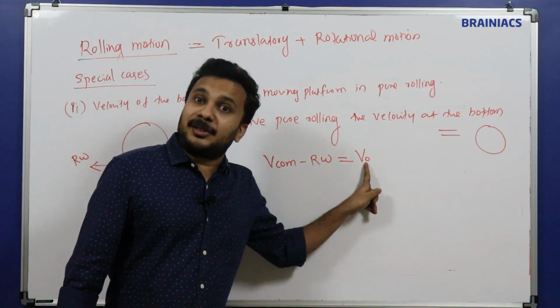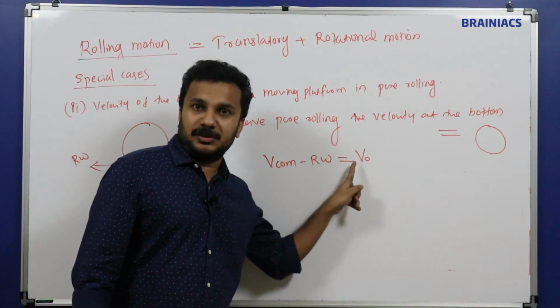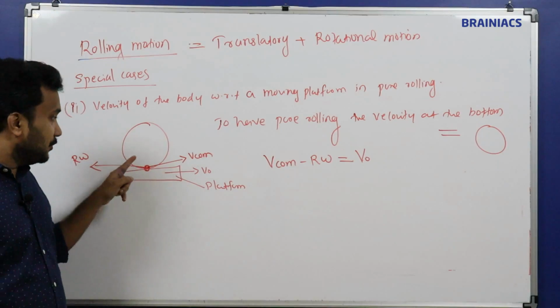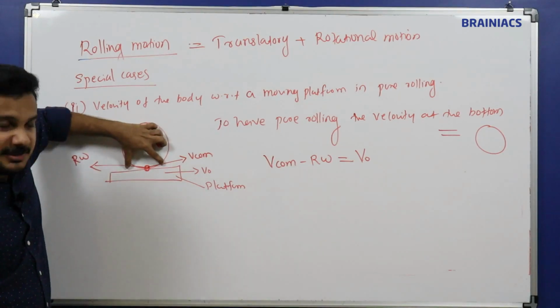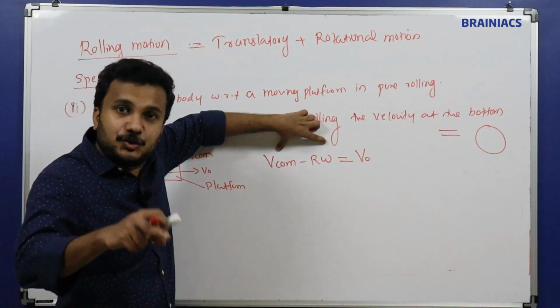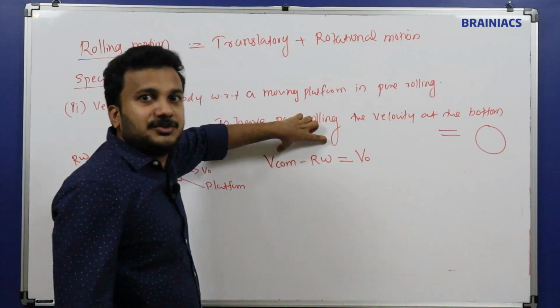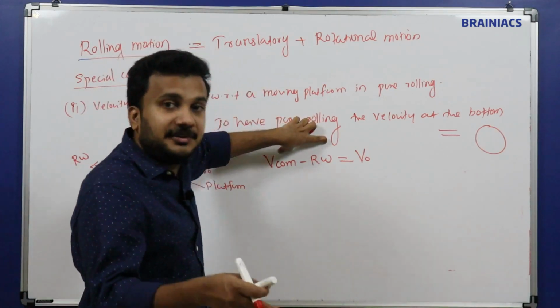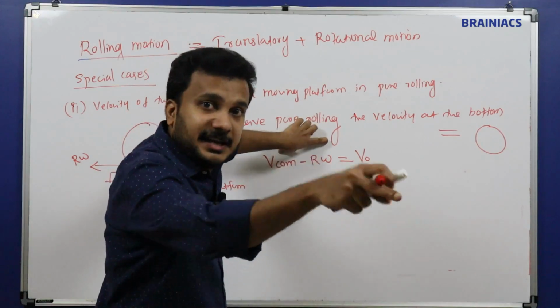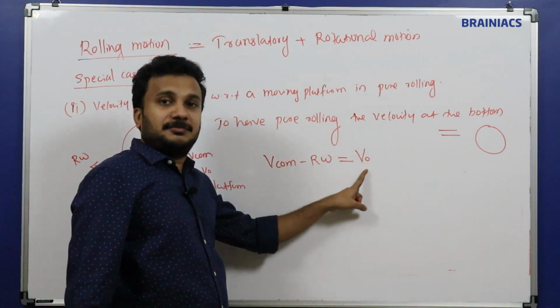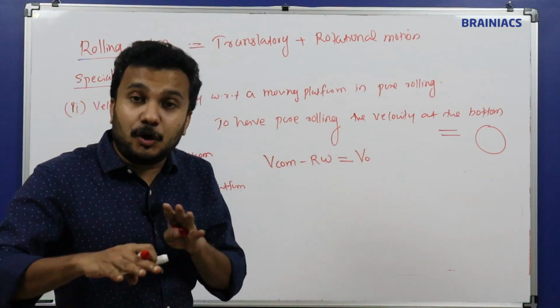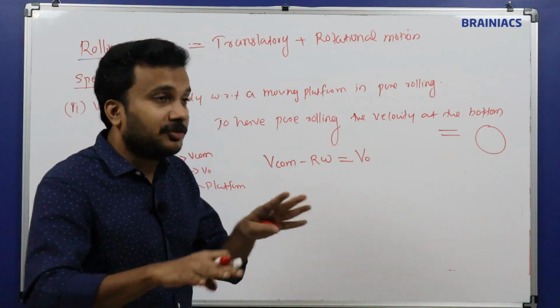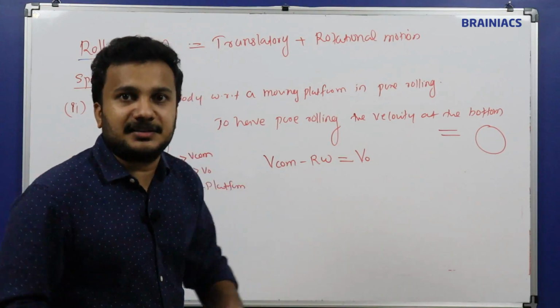Previously we had the ground, so we equated to the ground's velocity. Now we have the platform, so the net velocity, that is vcom minus r omega, should be equal to the platform velocity. Then only both will cancel each other.